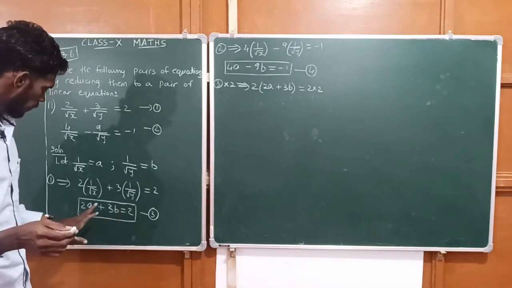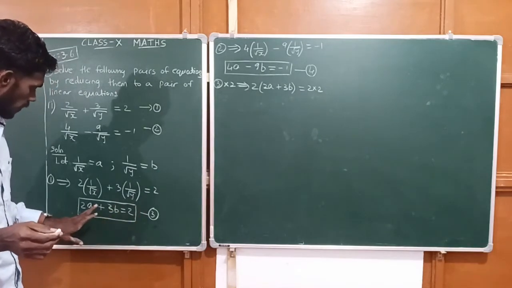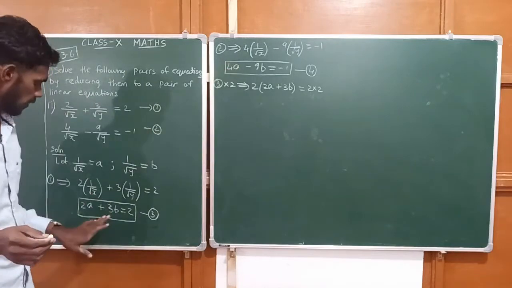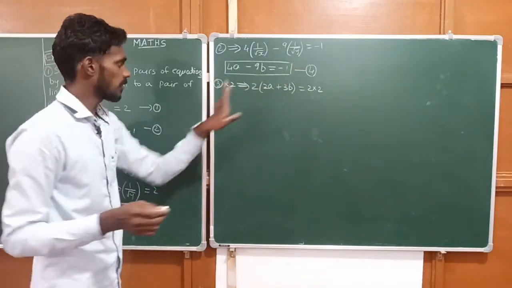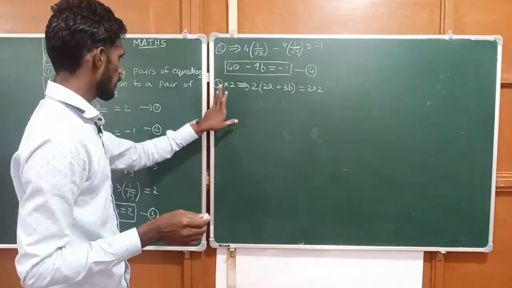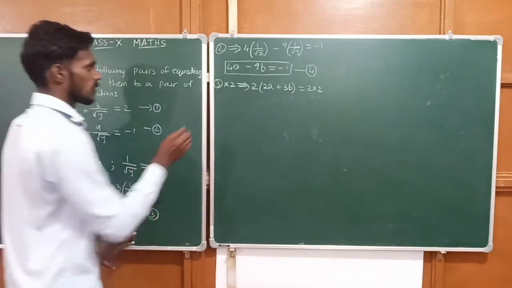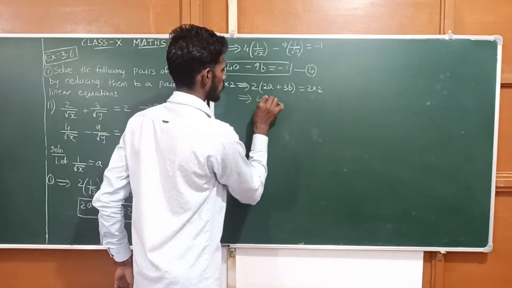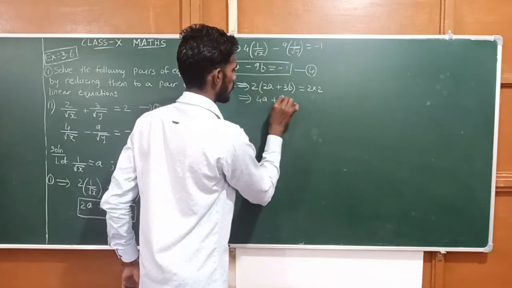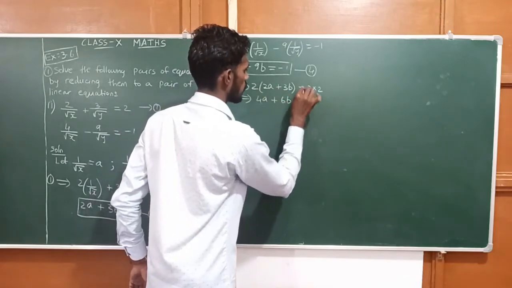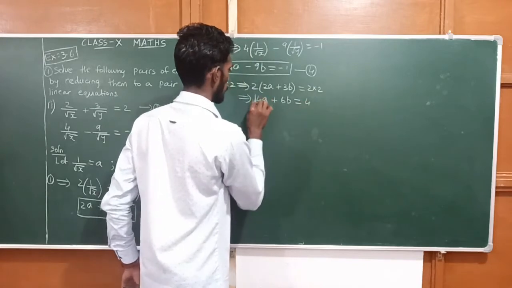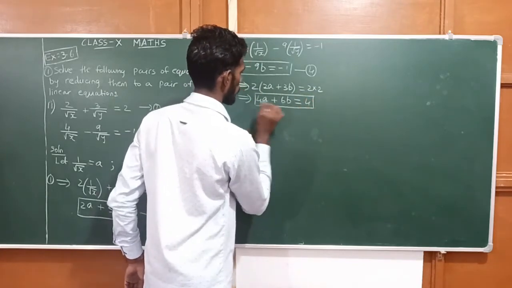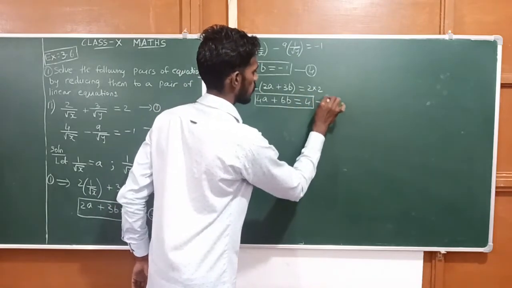If I do it so, the coefficients of a will become same in equation 3 and 4. Now simplify, 2 into 2a is 4a, then 2 into 3b is plus 6b, 2 into 2 is 4. Mark this equation as number 5.